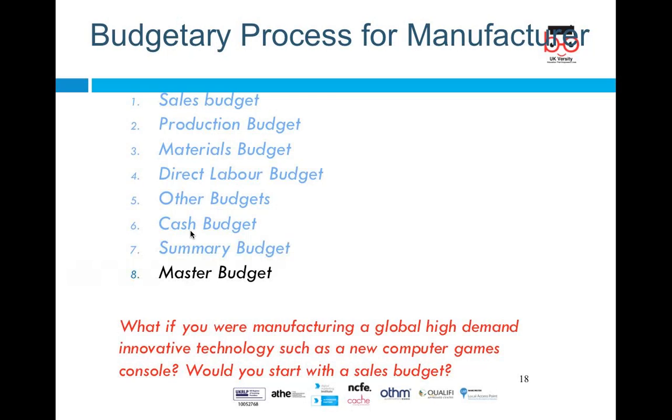Master budget: this is the one finally adopted when the senior management have adjusted the budget according to what they need to satisfy the investors and other interested parties in the company. And there is a report for responsibilities. The budget is then dispersed to the relevant senior staff whose job it is to control that budget. So not only the cash budget is impacted, but all the other budgets and departments associated with the cash budget.